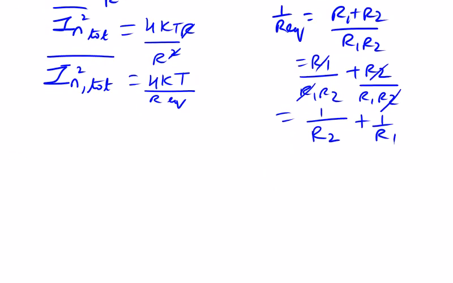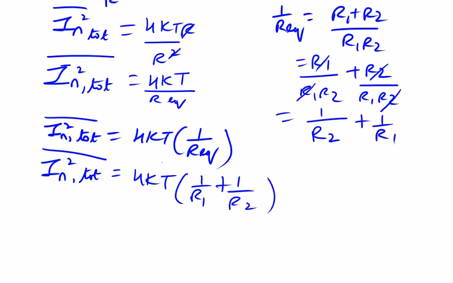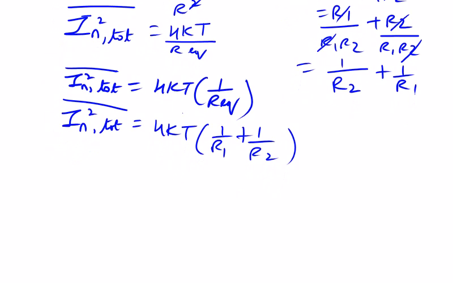So now I can write IN² total mean is equal to 4kT into 1 over R equivalent. That can be written as IN² total mean is equal to 4kT into (1 over R1 plus 1 over R2). Here we assumed the bandwidth as 1 Hertz.